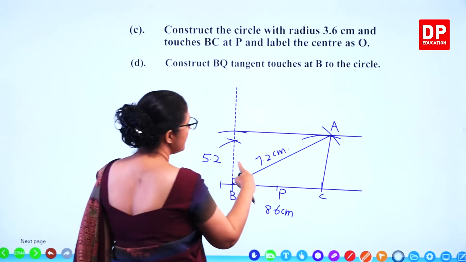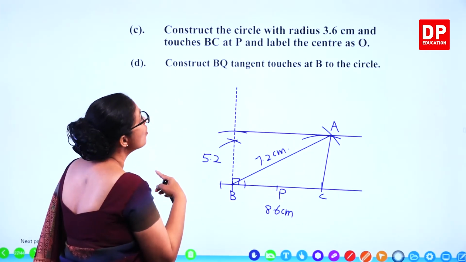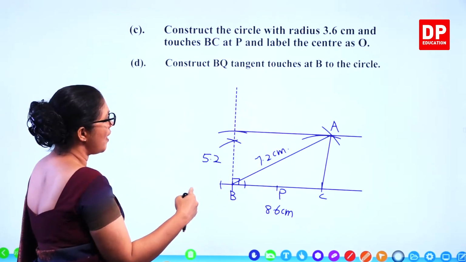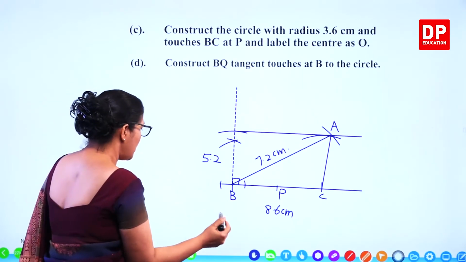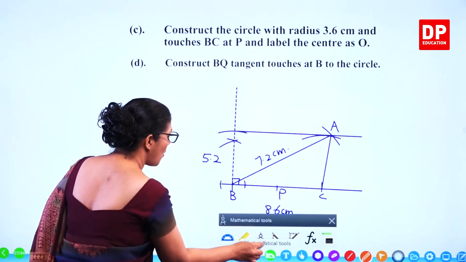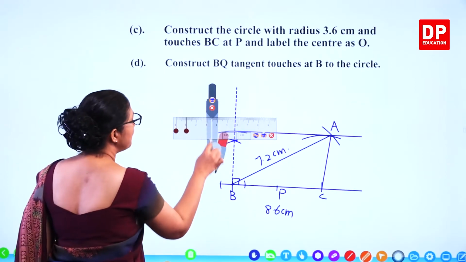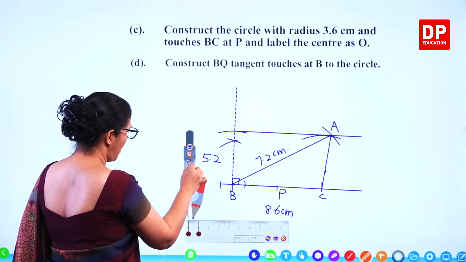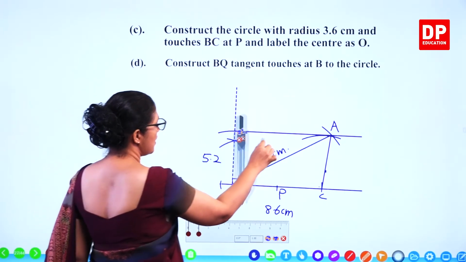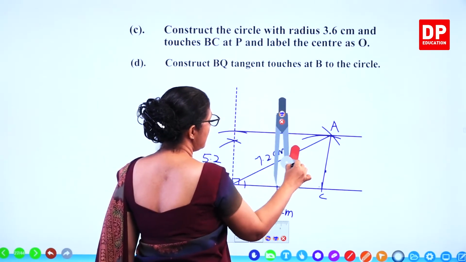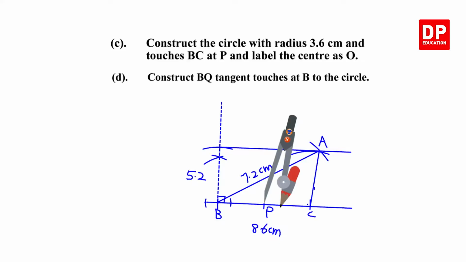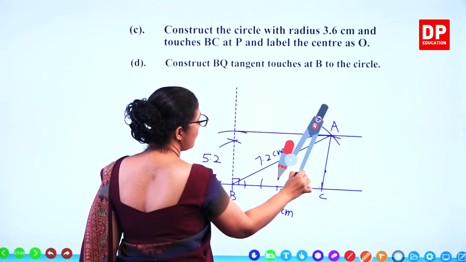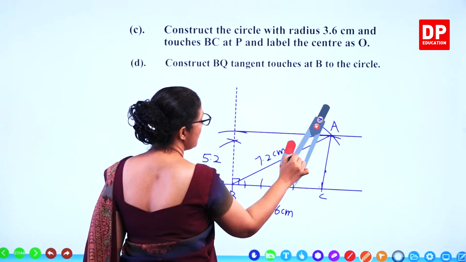So touches at this point means you have to draw the perpendicular at P. So we have to draw a perpendicular line to P. So here we'll take the compass and the ruler. We draw a perpendicular to P. So here take any distance. Draw 2 arcs here. And you can draw the perpendicular at P.